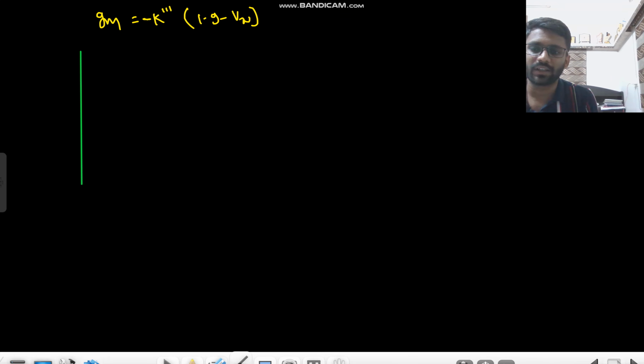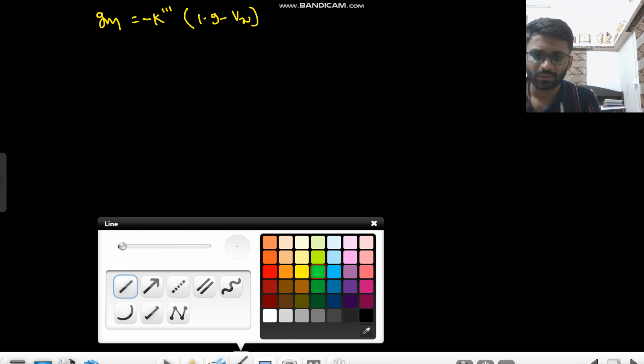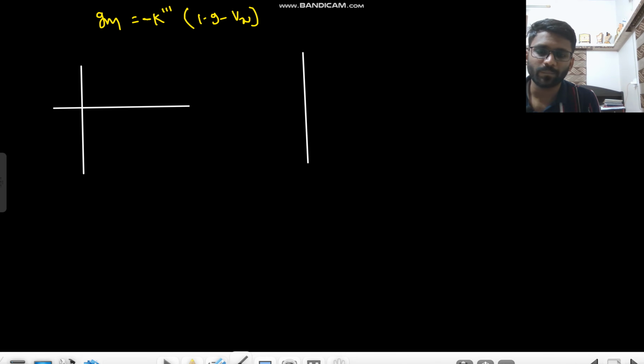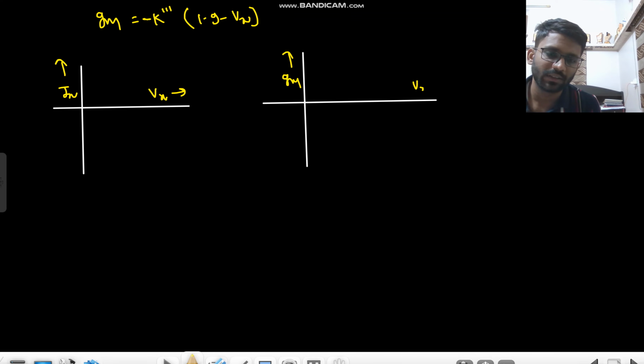So, drawing the curve, this color we should use for the final curve only. Here we should use white. So, drawing the curve, this is what we get. This is Ix versus Vx, and this is Gm versus Vx.